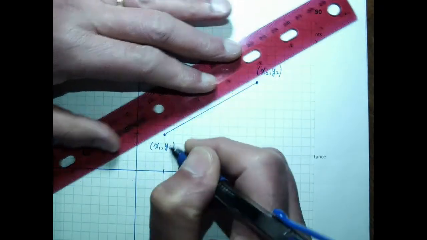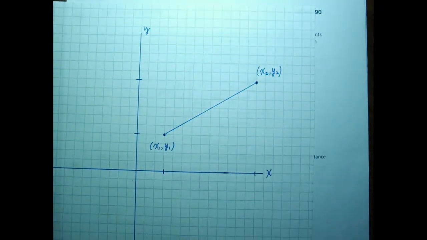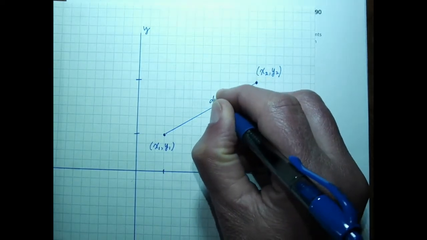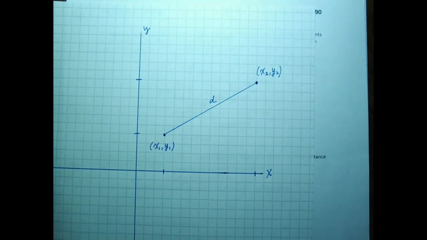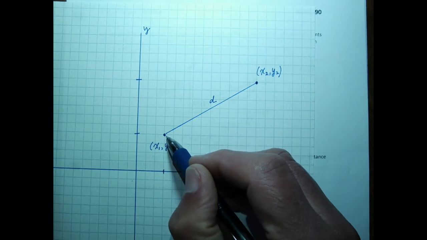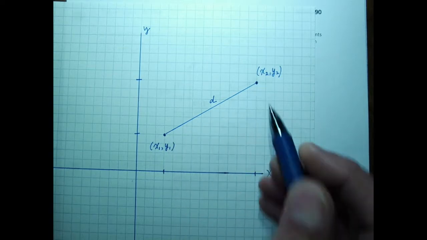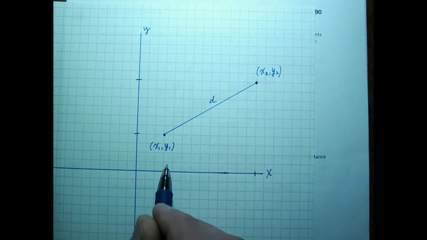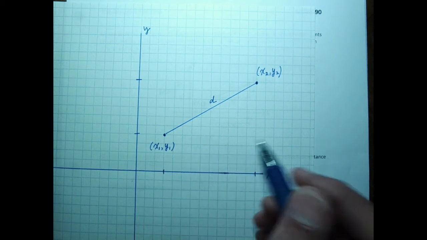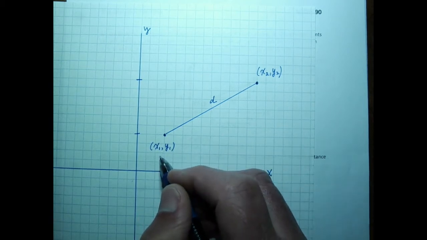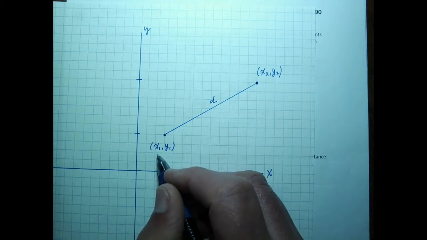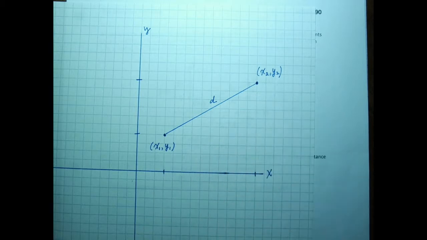So I'm going to draw a line connecting them, and I'm going to label this D for distance. Suppose we want to figure out the distance between those 2 points, the length of this line, by working with the values of the x and y coordinates.